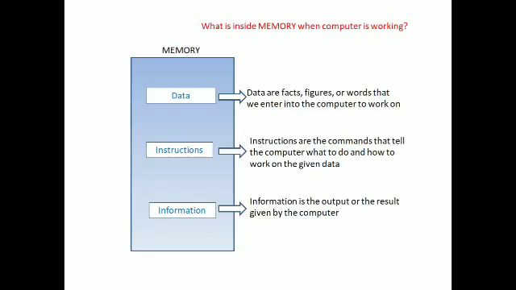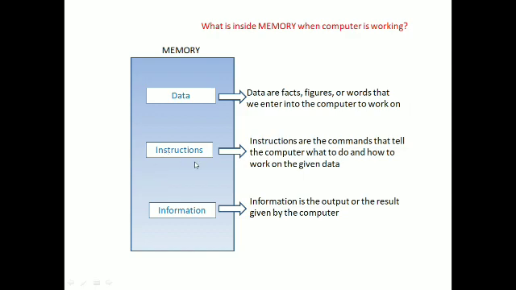Now, what is inside memory when the computer is working? Inside memory, the data, the instructions and information will be there. The data and instructions we are giving, the computer will process the data according to the instruction and will give the information or result. And what is data? Data are facts, figures or words that we enter into the computer to work on.